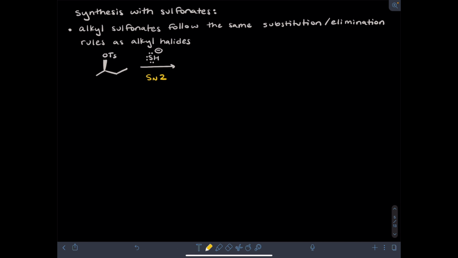Based on rules for alkyl halides, we would expect an SN2 reaction to occur, where the nucleophile would attack the electrophilic carbon and break the bond to the leaving group in the same step. The only difference here is that it is a sulfonate as a leaving group instead of a halide. The substitution reaction would proceed with an inversion of stereochemistry.